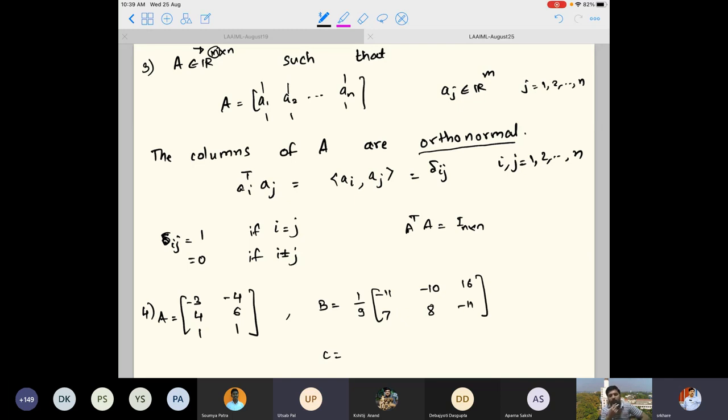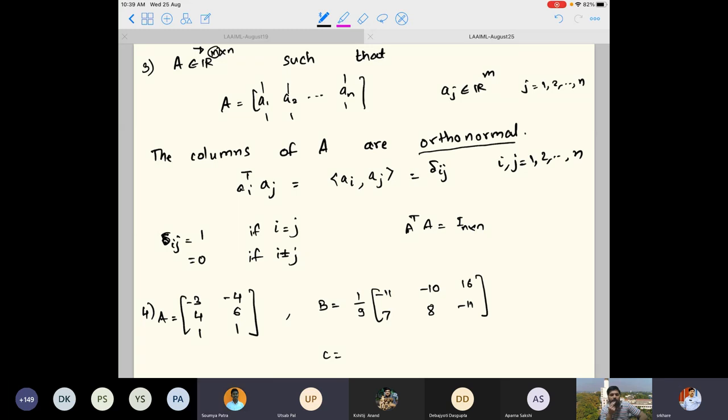So we can just put 1 by 8 there. Instead of 16, we can write 15, and instead of minus 15, we can write minus 12, and outside we write 1 by 8. We can just play around.